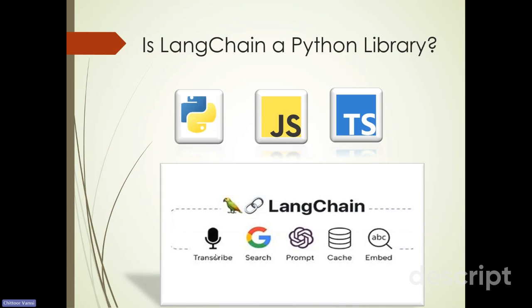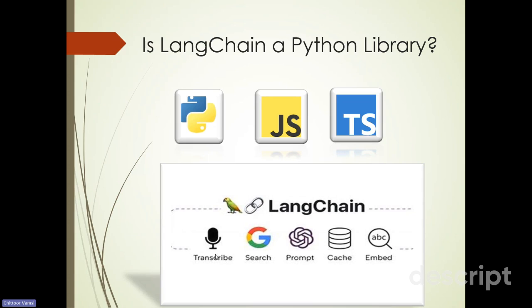Now, coming to whether large language models revolve around LangChain, and whether LangChain is a Python library, and what languages LangChain currently supports. Yes, it is a Python library, and you can install it using the Python package installer, pip.